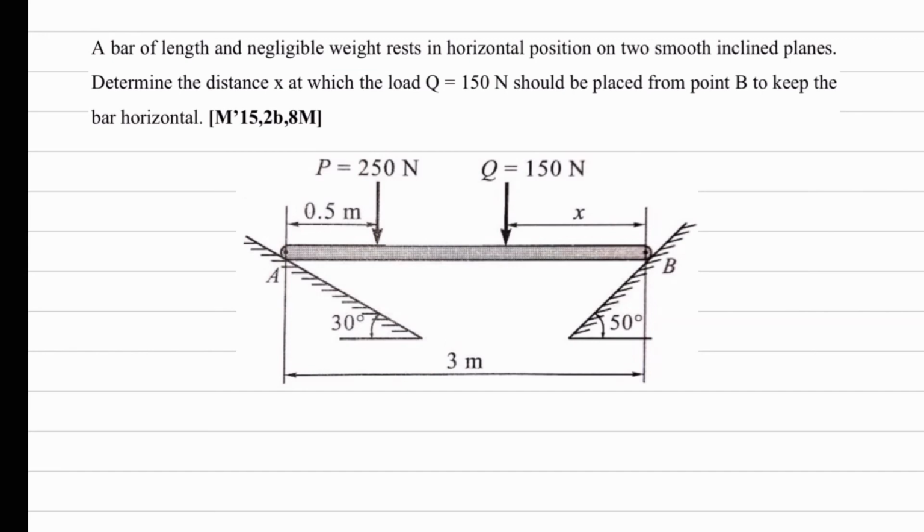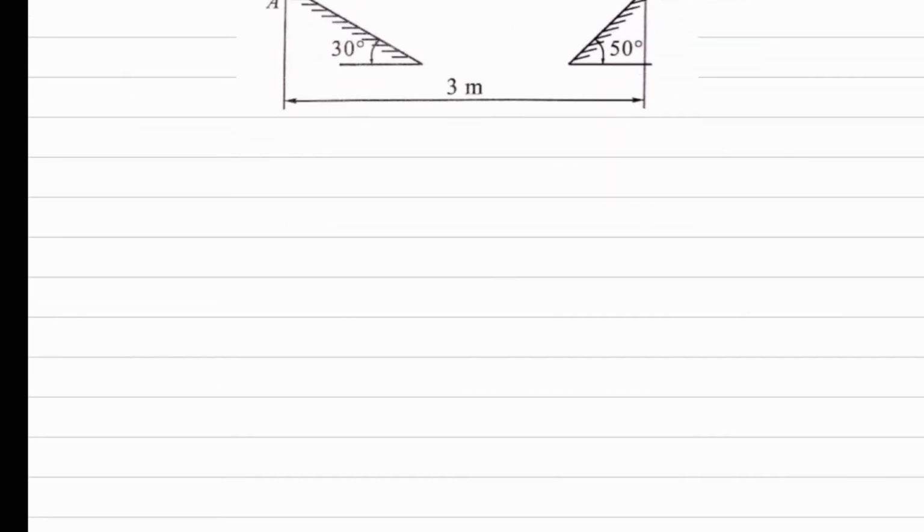Okay, and force P is given at a distance of 0.5 meter from point A, and we have to find out what should be the location of this Q, which is equal to 150 Newton, from point B, so that this bar AB remains horizontal. Okay, so we'll draw the FBD of the bar first.